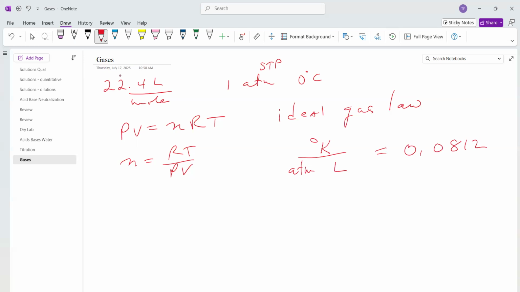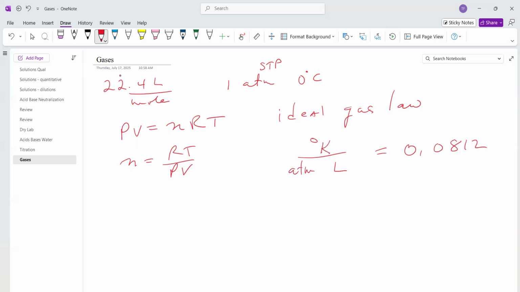It's a constant that links all the pressure, volume, temperature together in moles. R, that's the abbreviation. And that cancels out all the units, so it makes sense.